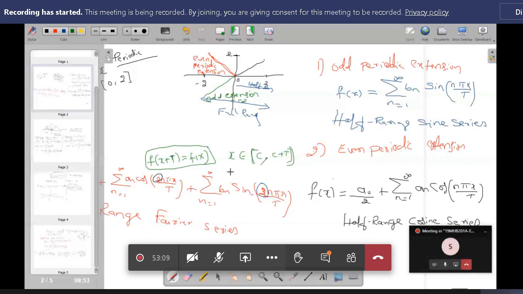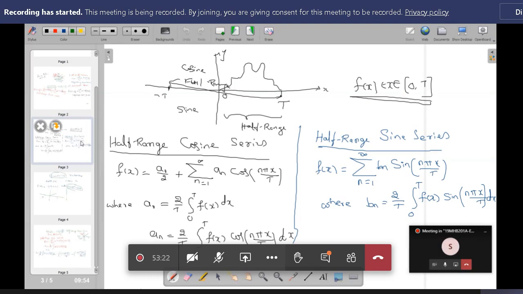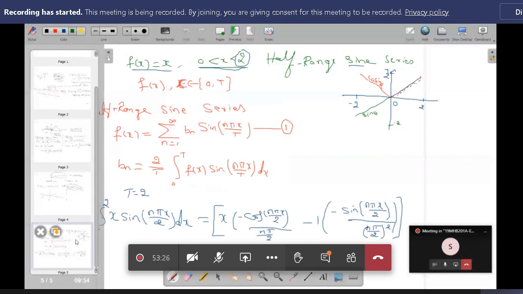Now in the half range, we are not deriving this series. If I derive it, you can easily get what happens in the half range series. So the intention is the same: you wish to extend either as a cosine series or as a sine series.